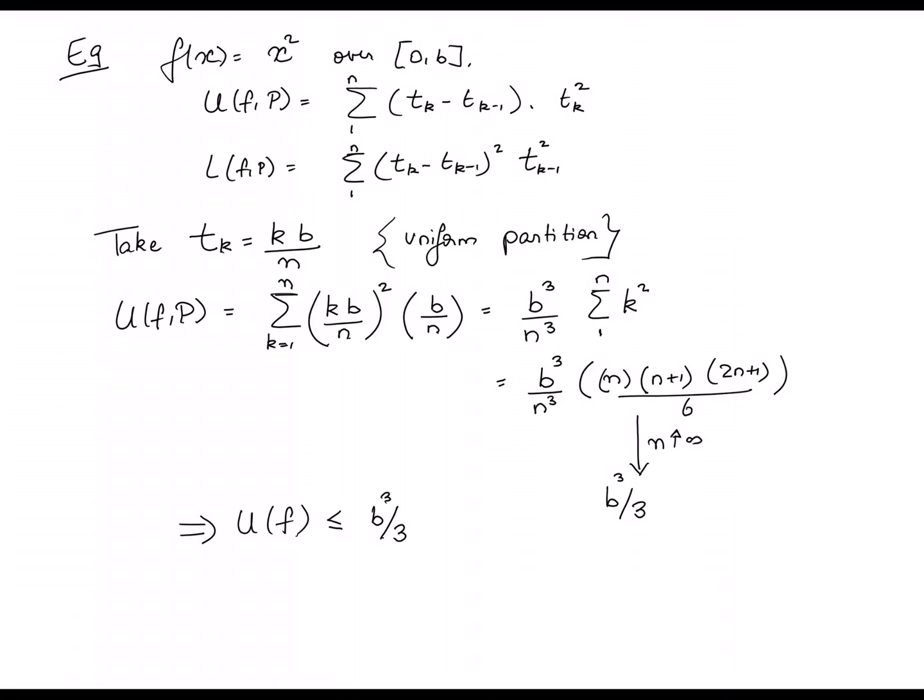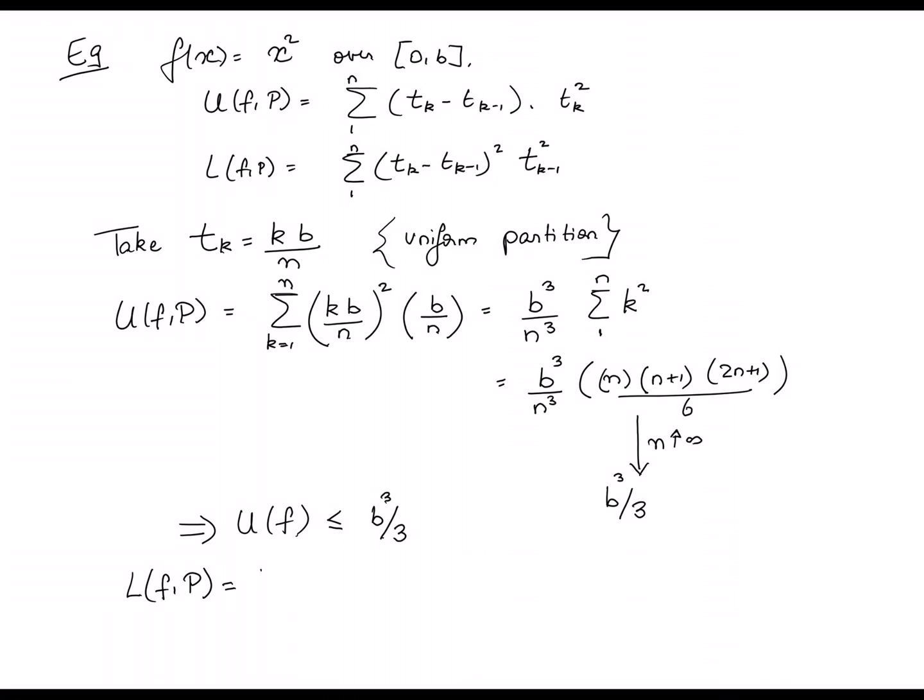Similarly, I can do something for the lower Darboux integral as well. Specifically for this partition, L(f,P), all that changes is that the summation of k squared gets replaced by the summation of k minus 1 the whole squared.